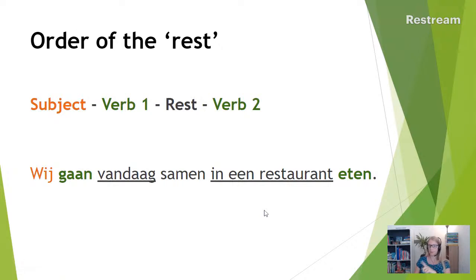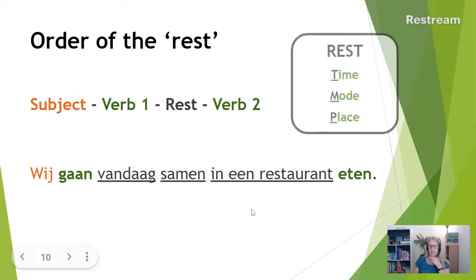You have also a place, in a restaurant. And there is something about with whom you are doing this action of going to eat. So you're doing it together. So in most books, you will find something like this, TMP, which stands for time, as we see here, which comes first, manner, together, and place, in a restaurant.